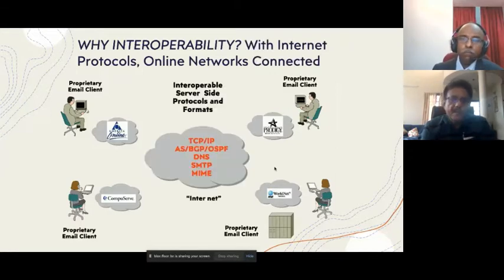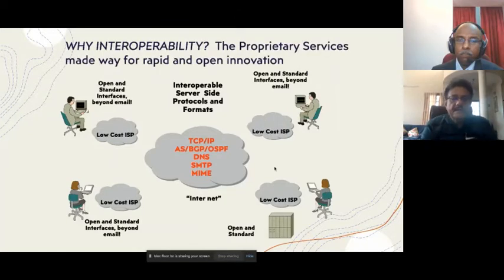But once you had standard protocols like TCP, IP, DNS, MIME and so on, you had the internet, and everything became interoperable. People were able to exchange emails with each other no matter which network they were in. Not only that, it also created the internet as we know it.